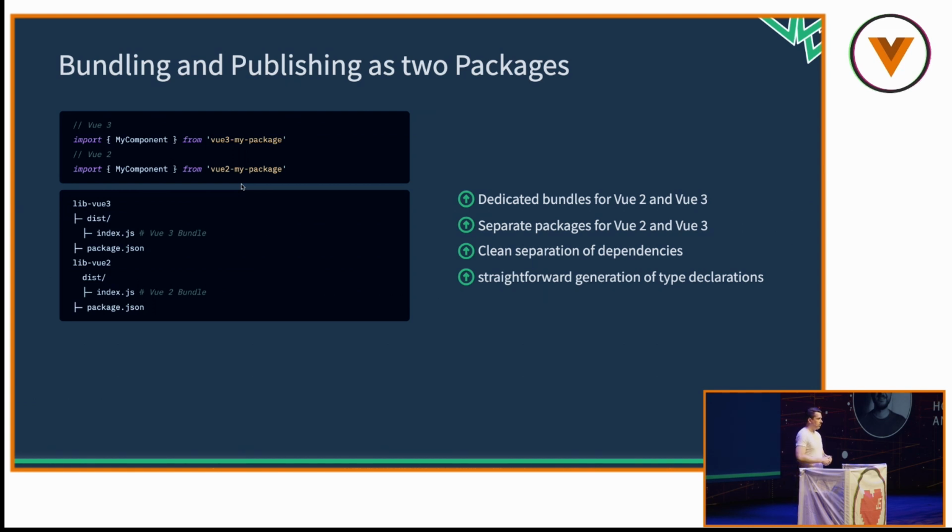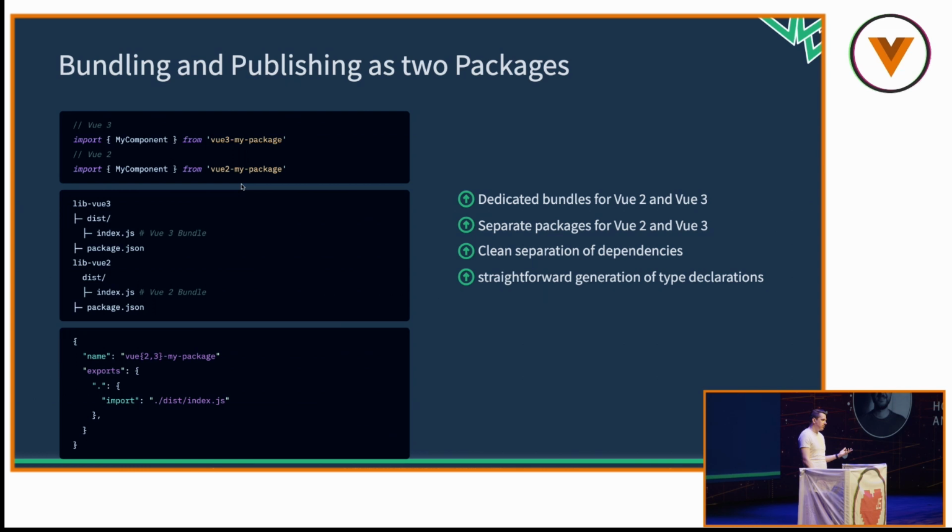It's also pretty straightforward to generate types because you can run vue-tsc separately in both of those folders. And each of these folders has a very simple package JSON setup because you only have one entry file. Of course, this is abbreviated, but you just have to refer to one index.js in the dist folder, and you don't have to actually manage different entry points depending on the version.